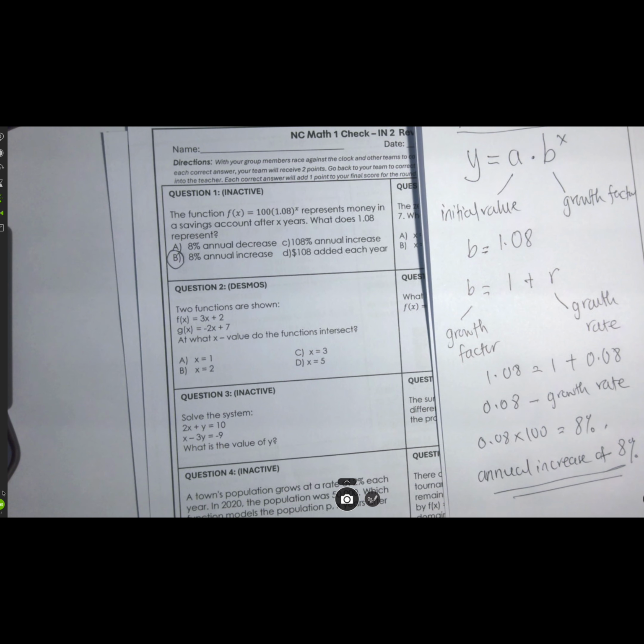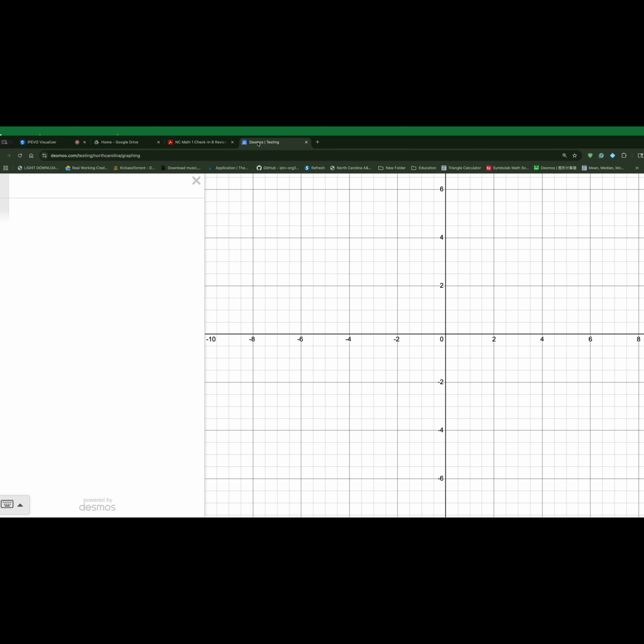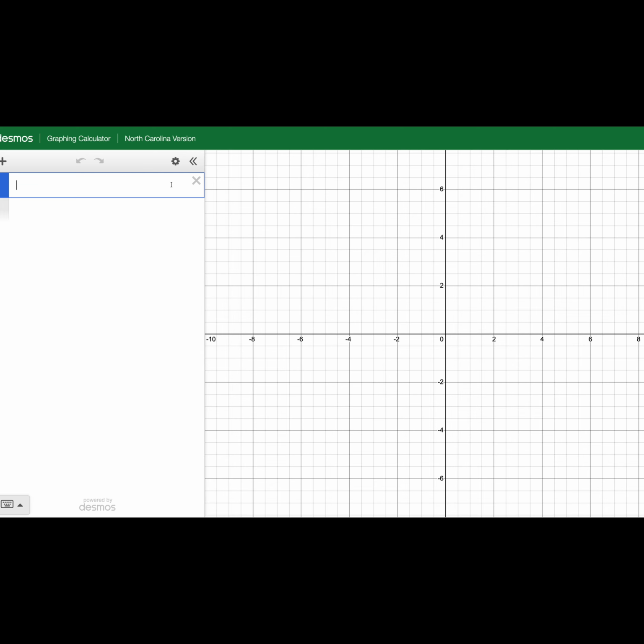The next question is a decimals question. Two functions are given to you, f of x, which is equal to 3x plus 2, and then g of x, which is negative 2x plus 7. At what x value do the functions intersect? Now this one here, I'm going to use decimals to solve it. So let's go to our decimals calculator and enter what g of x and f of x is.